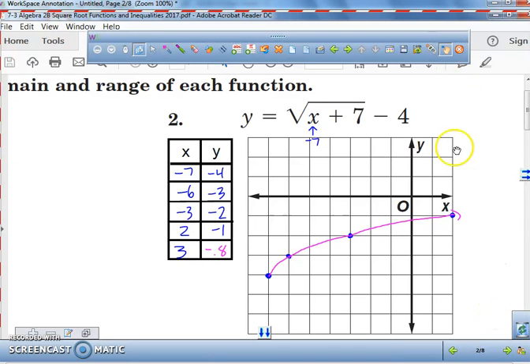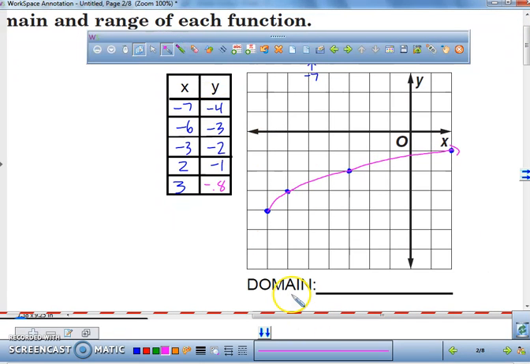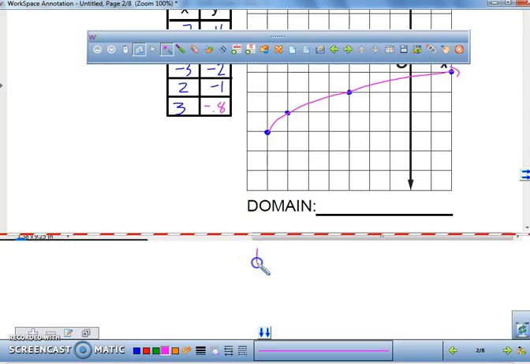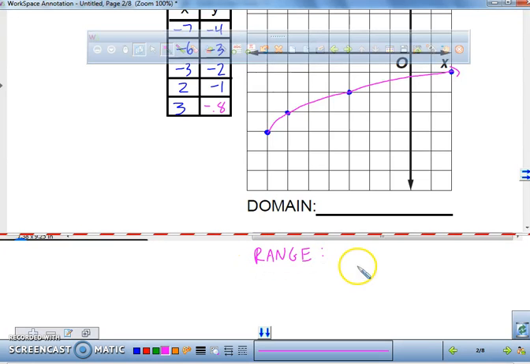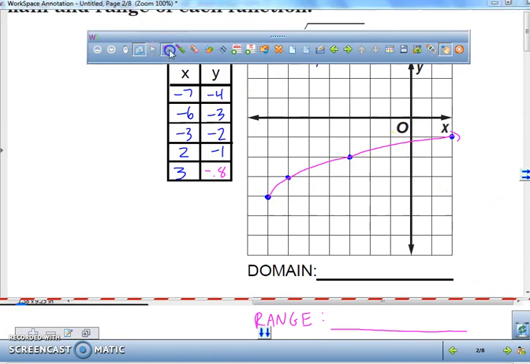Okay? Now, what we need to talk about in this graph are two things. One of them you see right here. It says domain. And the other one I got to write, because I don't have room here, got to write the word range. Okay? What is the domain? The domain is the set of all of your x values.